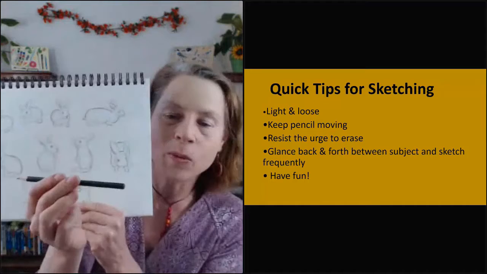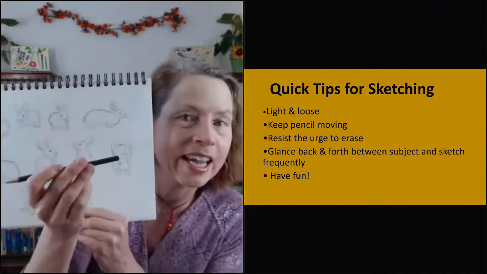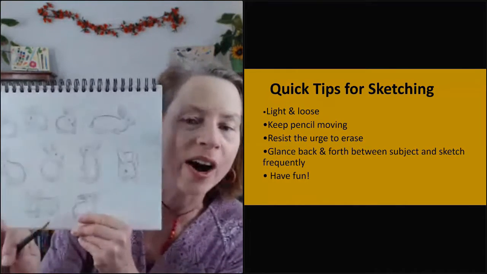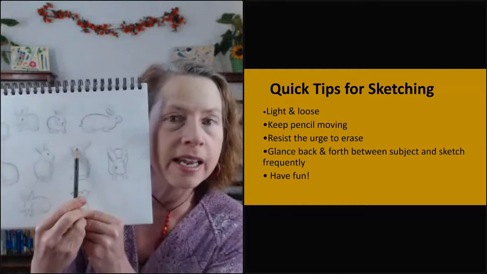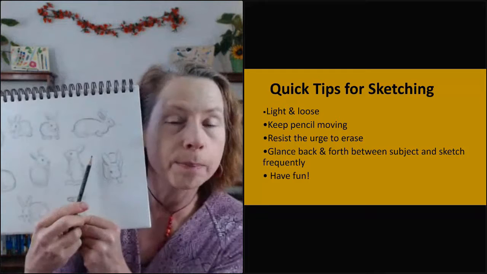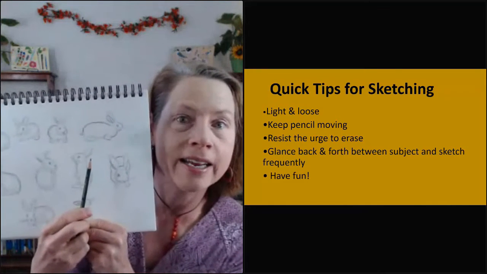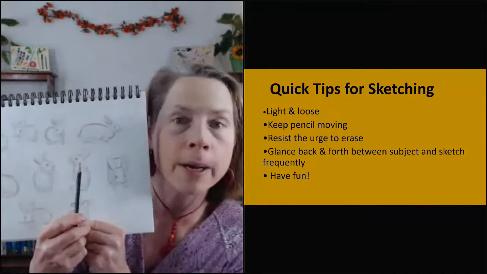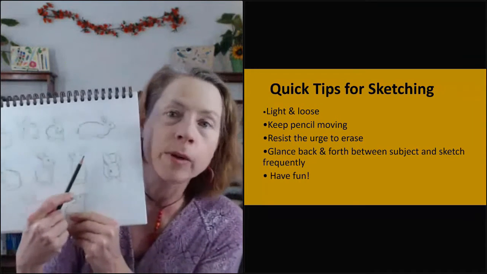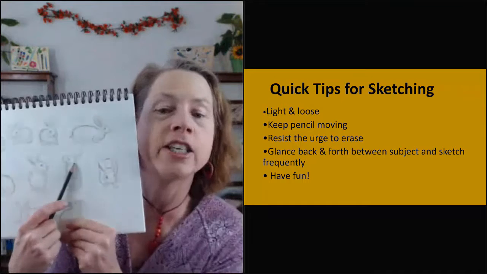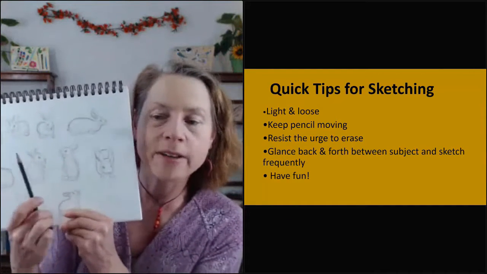But once you realize you can't erase, you kind of give up trying and you just move on. And then you always want to glance back and forth between your subject, like the real cottontail that might be outside in your backyard under a shrub, and your paper, so that you're really drawing from what you're looking at and not from your imagination. And then, of course, having fun.